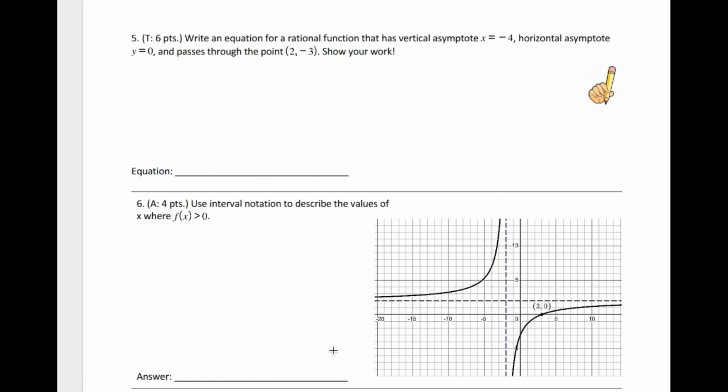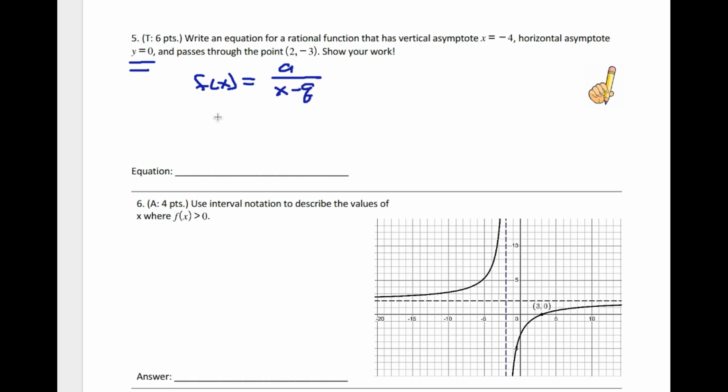Okay, on this one, we're going to write an equation for a function, but this time it has a 0 horizontal asymptote. We have to use kind of the other pattern. F of x equals a over x minus q.